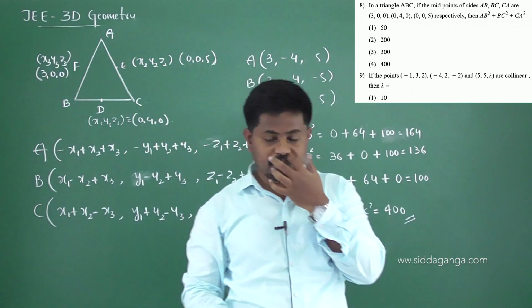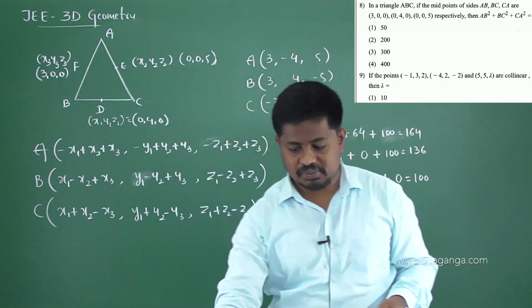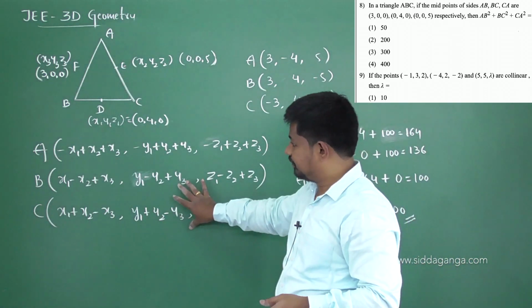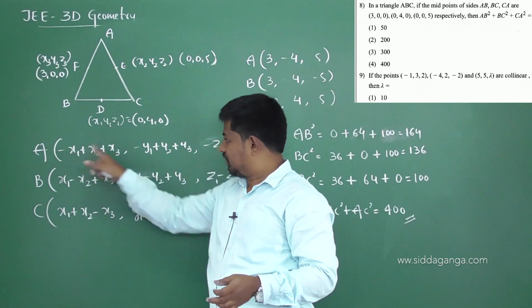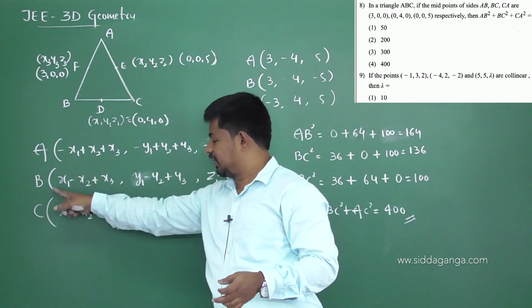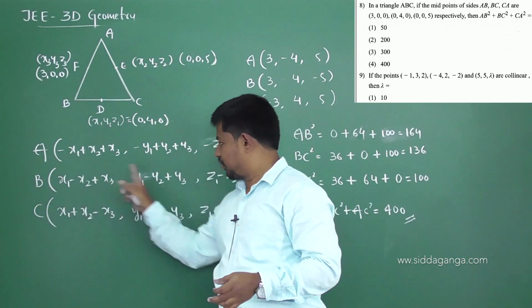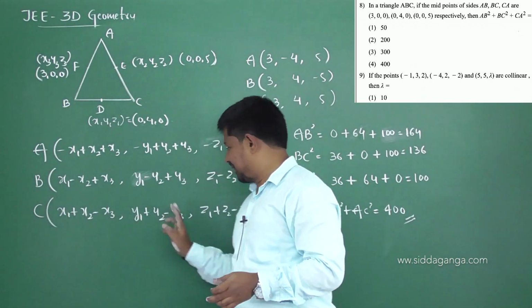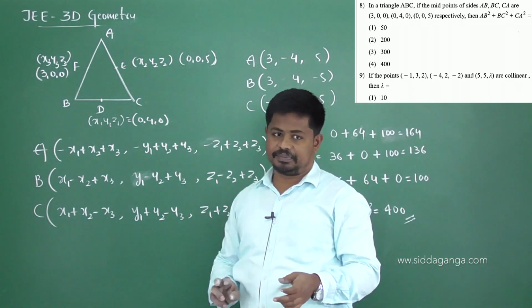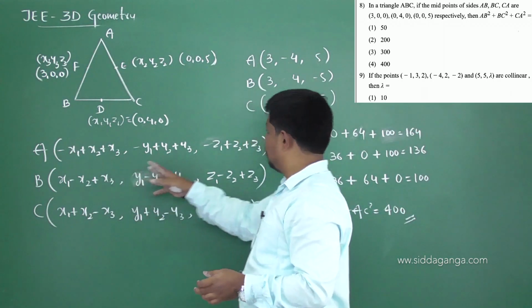This is option 4. So it's very simple, students, by knowing this result. Observe the result. Here x1, y1, z1 becomes negative in A, in B, x2, y2, z2 becomes negative, and in C, x3, y3, z3 becomes negative. By knowing this, we can find the coordinates of ABC.